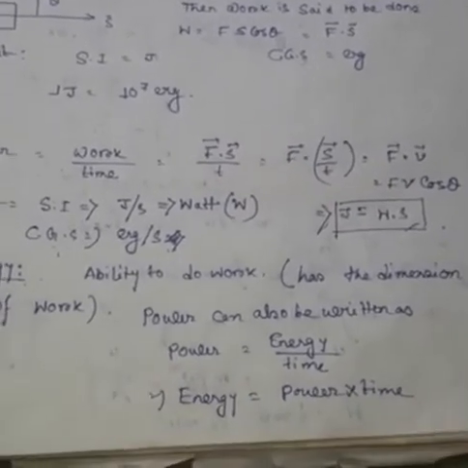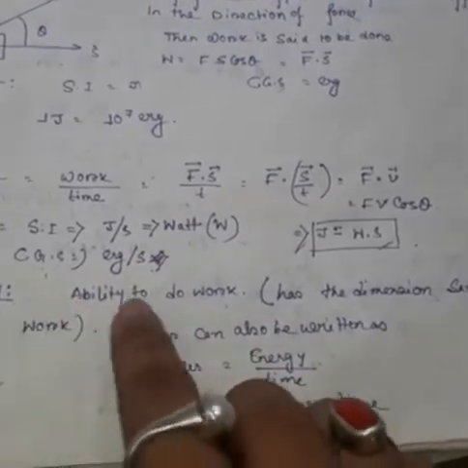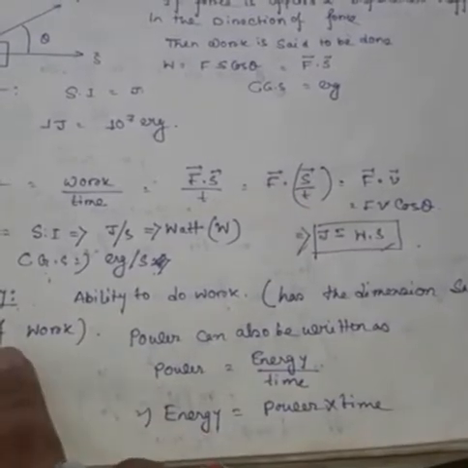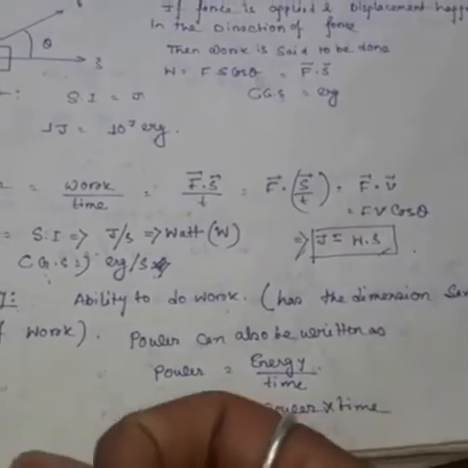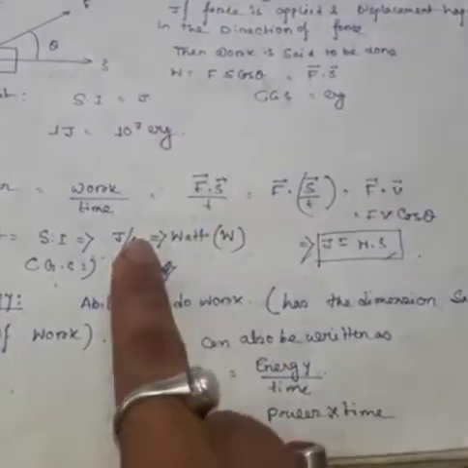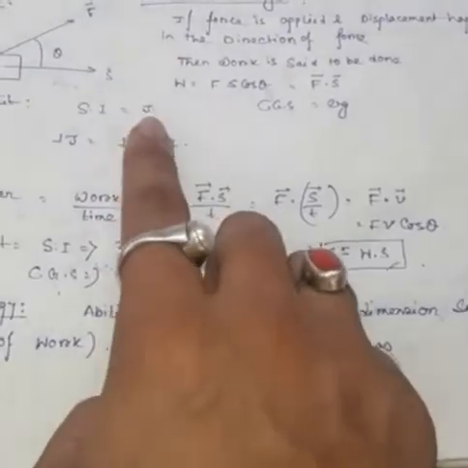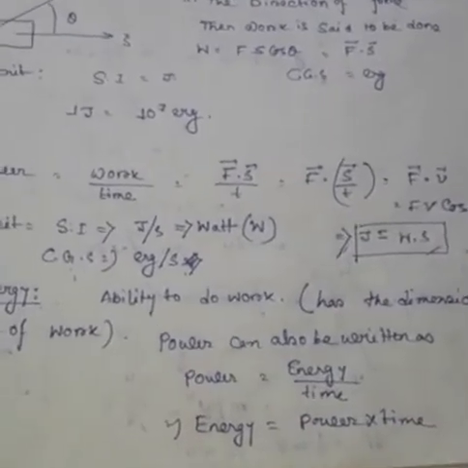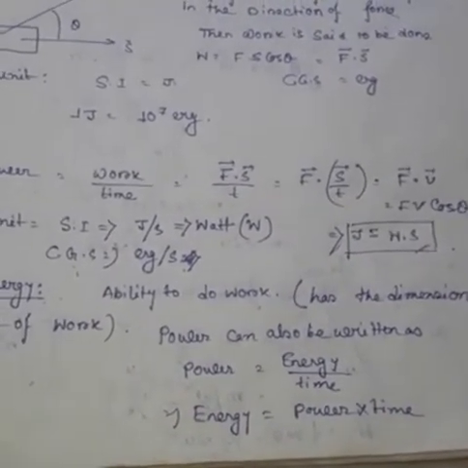Okay, so what is energy? It is the ability to do work, and that means it has the same dimension as that of work. So the unit of energy is also joule, or the CGS unit is erg. Okay, but that isn't true all the time.